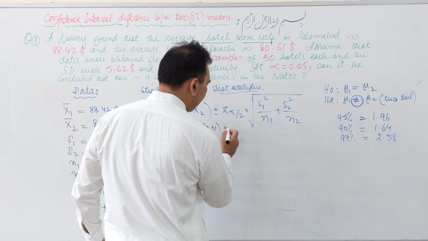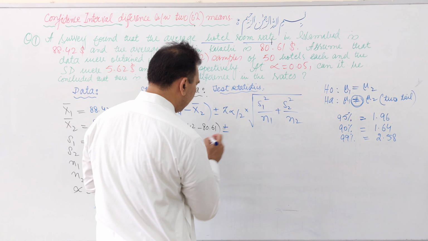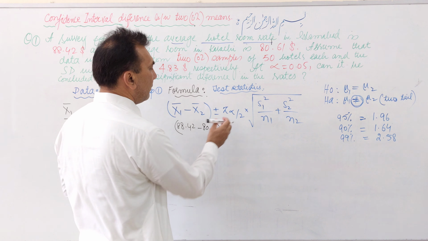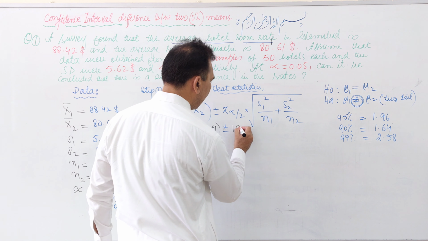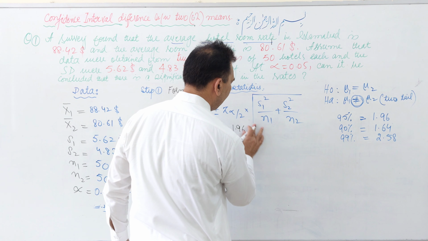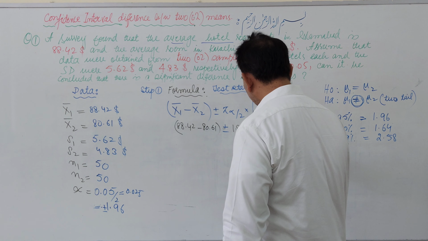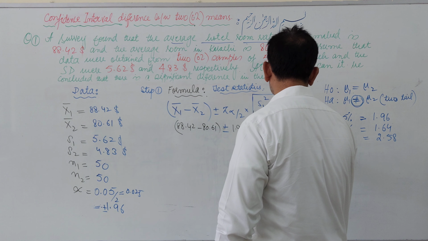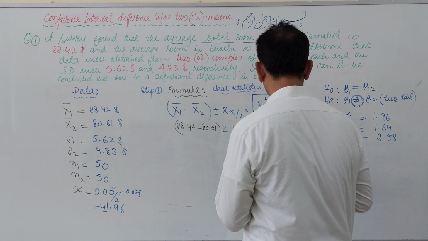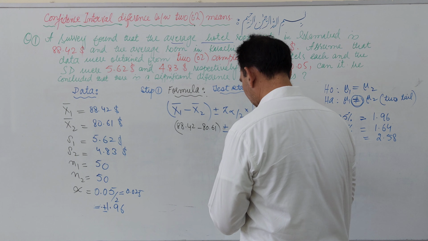Now plus minus, keep in mind, plus and minus. What is the value of Z alpha by 2? 1.96. Now we will multiply it with the standard error. Clear.